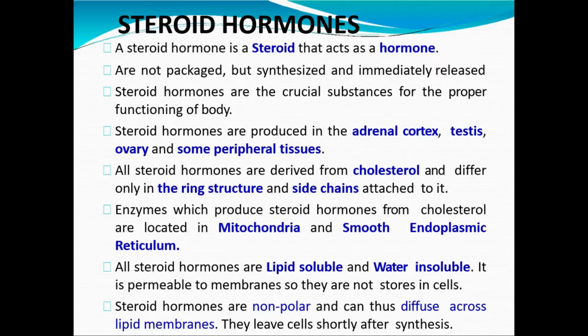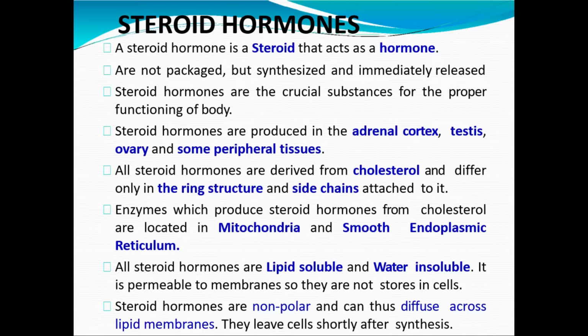As these hormones are derived from cholesterol, they differ only in the ring structure and side chains attached to the cholesterol backbone, which contains four rings. The enzymes which produce steroid hormones from cholesterol are specially located in mitochondria and the smooth endoplasmic reticulum.